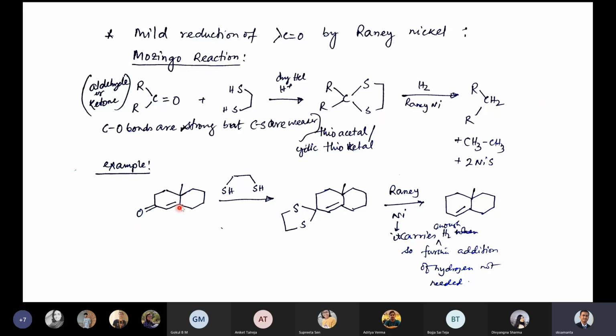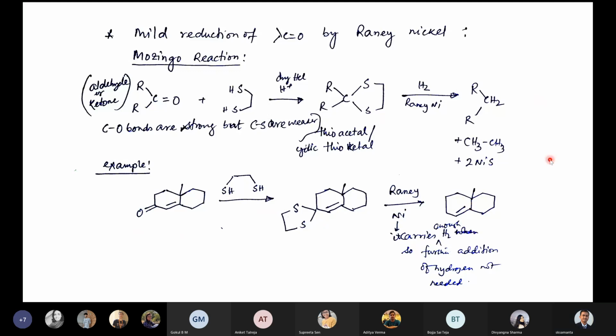Now here this carbonyl carbon can be easily reduced without affecting this double bond. So first react this one with this dithiol to form this cyclic thioketal, and then use Raney nickel in presence of hydrogen to reduce this one to form this compound.